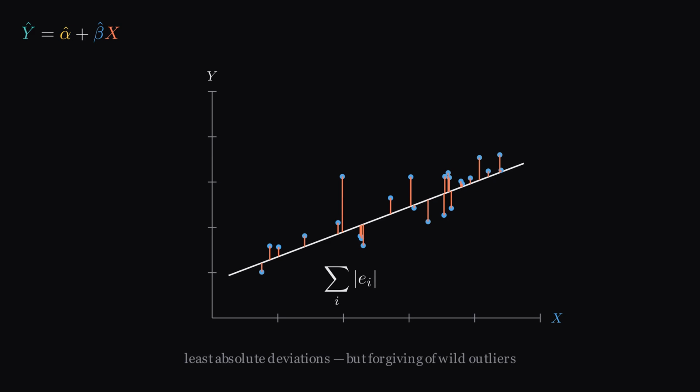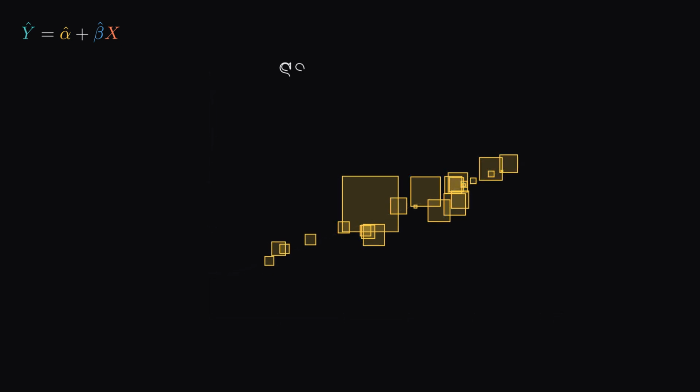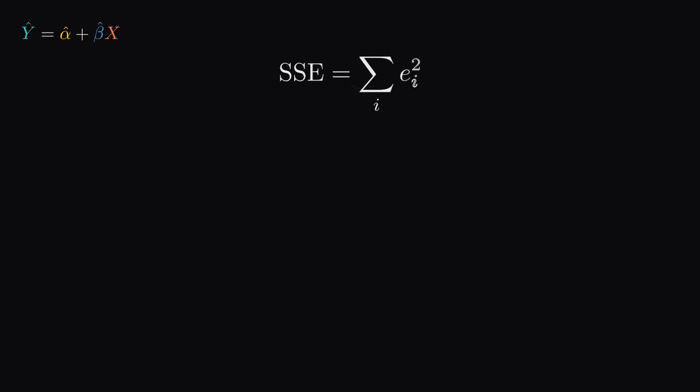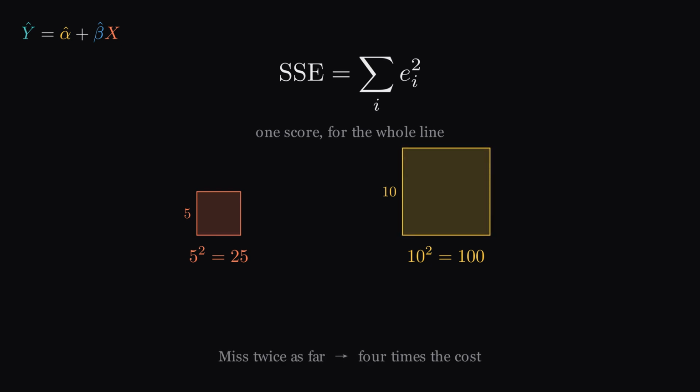There's a different move that turns out to be far more powerful. Instead of the absolute value, we square each residual. Squaring does two things. First, it kills the sign. Second, and more importantly, it punishes big mistakes far more than small ones. A miss of 5 becomes 25, but a miss of 10 becomes 100, 4 times as costly. So squaring sends a clear instruction.